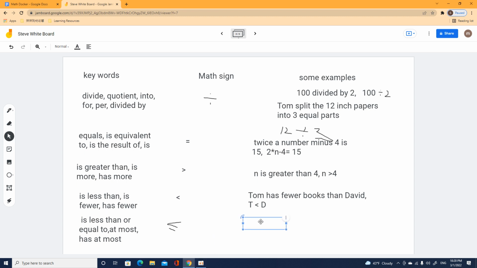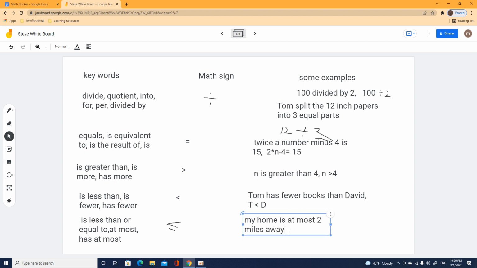Such as my home is at most 2 miles away.